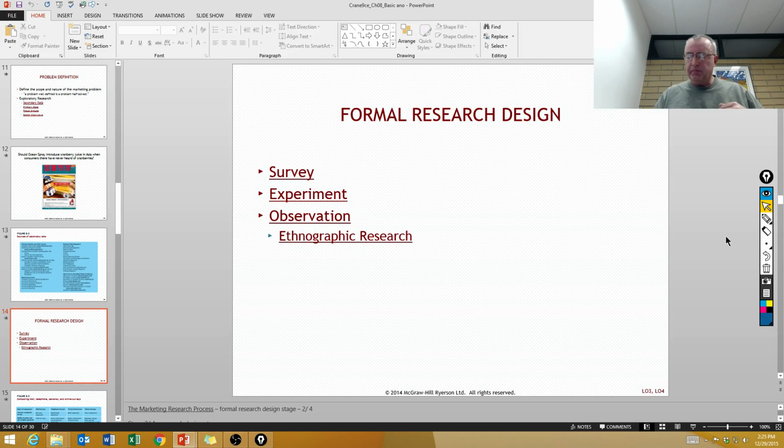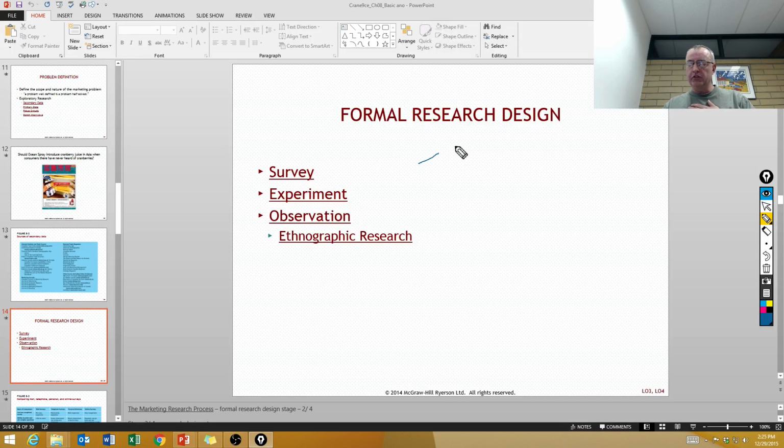So it's deciding the approach we're going to use for collecting the data that we're going to use to help solve our issue or solve our problem. So research design is designing the plan and the methods of collecting the data. And we have multiple steps in the research plan stage.